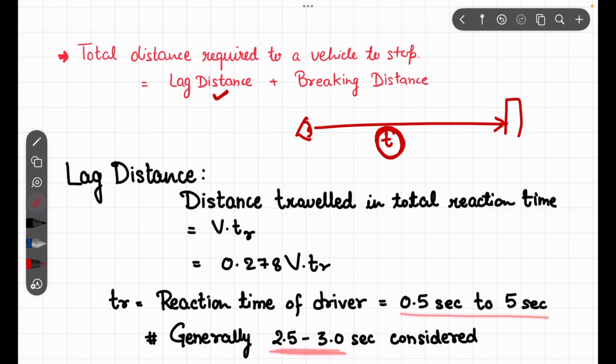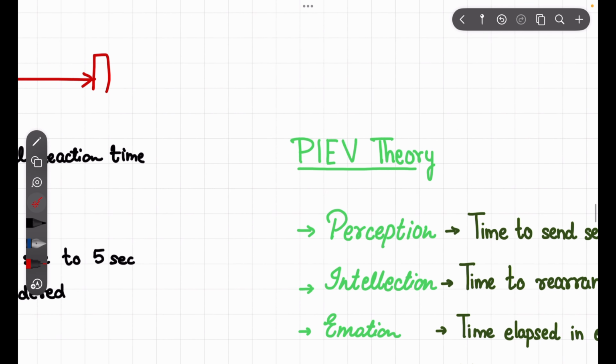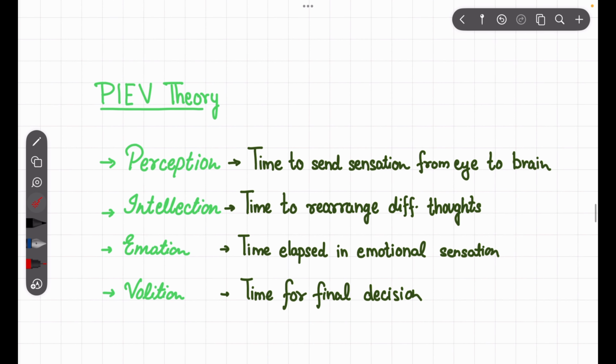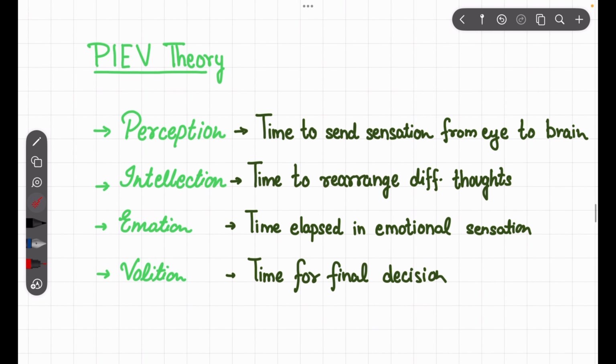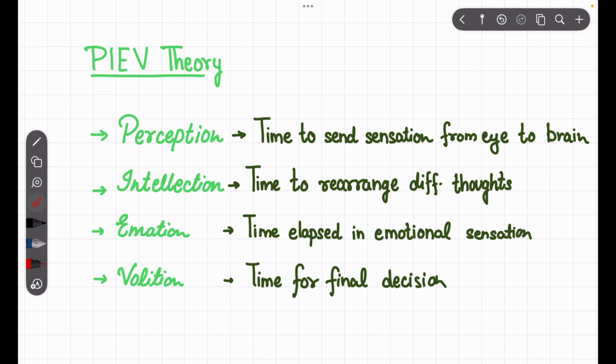How did we come to the conclusion that the reaction time is 0.5 to 5 seconds? There's a theory for this, which we call the PIEV theory. I have made a separate video in detail about this theory, but since it is very important in terms of stopping sight distance, I'll discuss it again. The PIEV theory talks about the overall reaction time for the brain to process things.